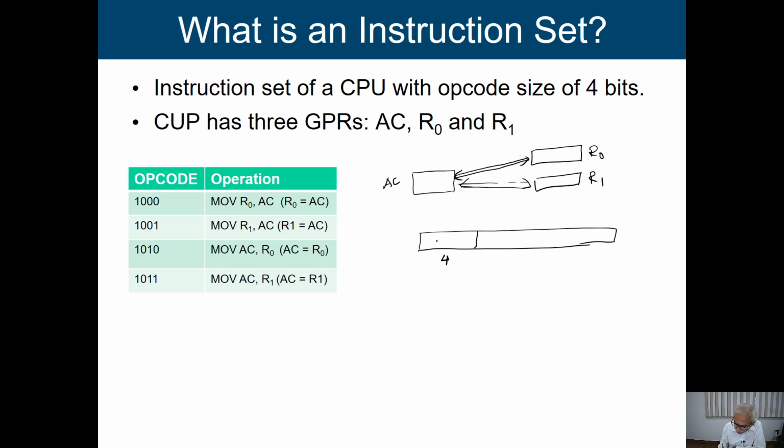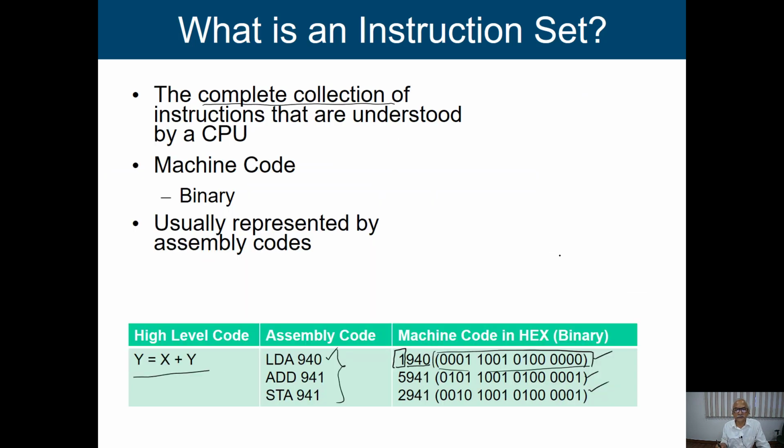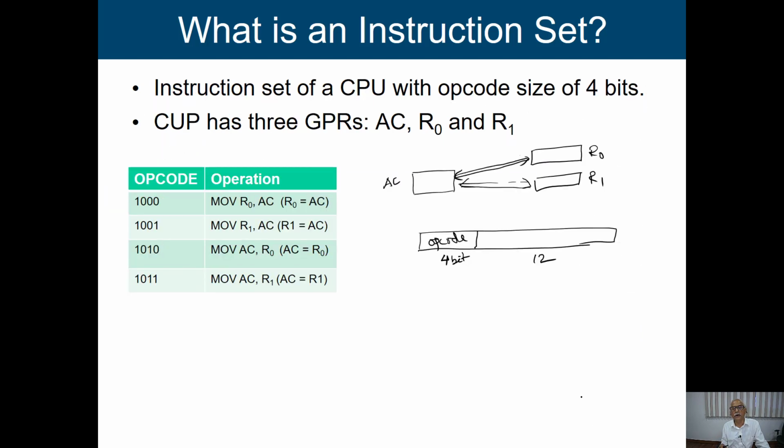These 4 bits are used for the opcode, and these 12 bits are basically used to provide maybe the operand itself or maybe the address of the operand, because in this particular simple example these remaining 12 bits provide us the address of the memory location from where we are going to get our data or where we are going to store our information. But for these 4 move instructions, what will happen, you just see that the opcode itself is very unique.